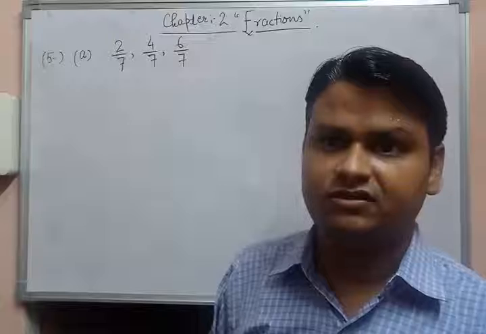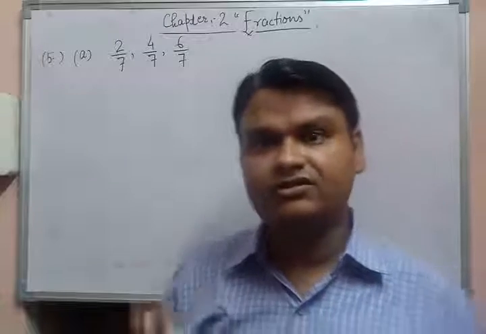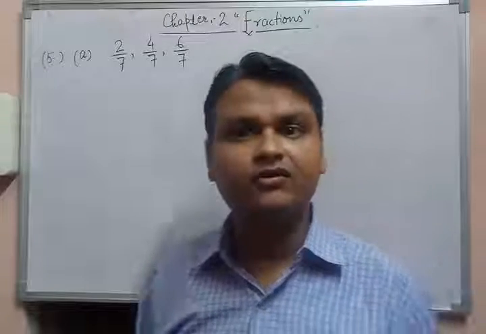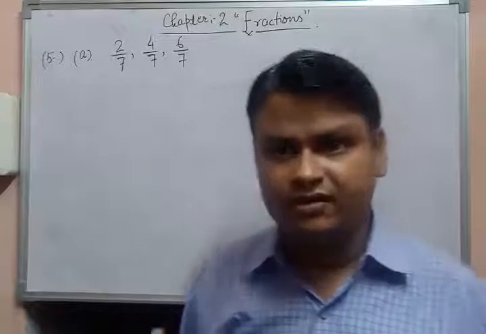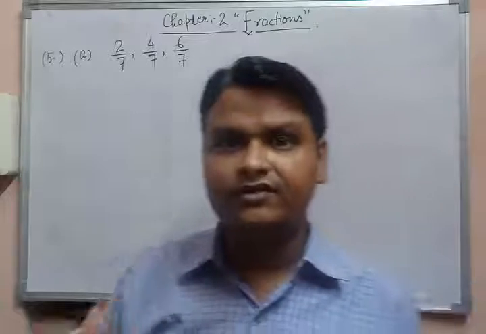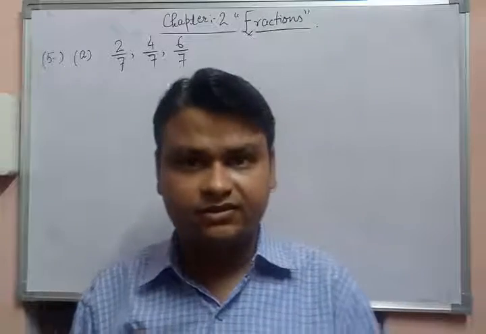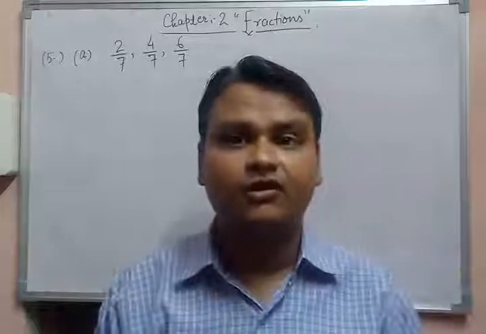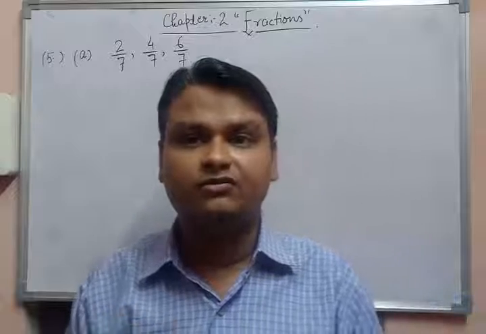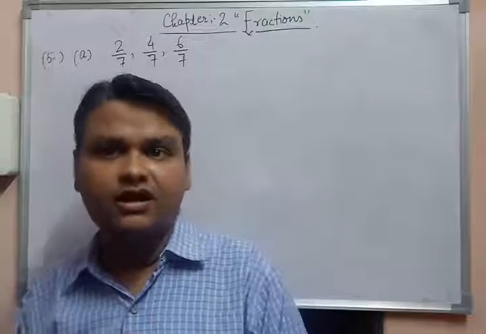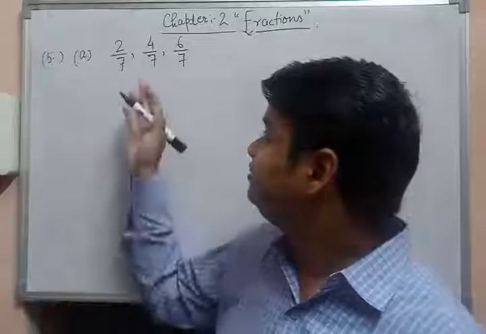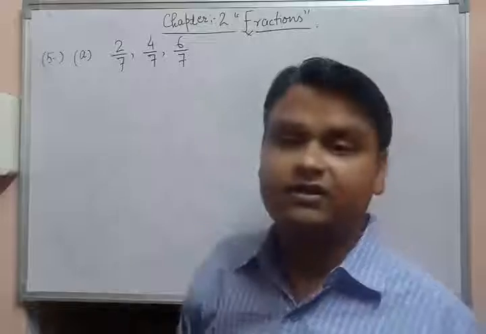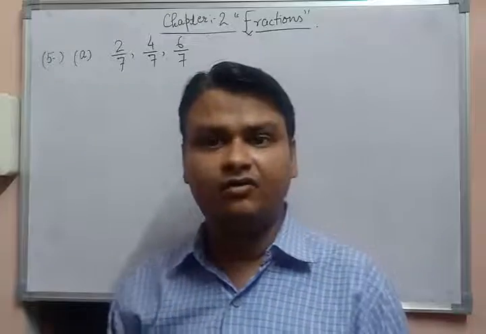But this method is useful only for like fractions. So students, be careful while I deliver the concept of this type of question. There are two types of problem for arranging fractions in descending or ascending order, and if you are given like fractions, then it is very easy to arrange.